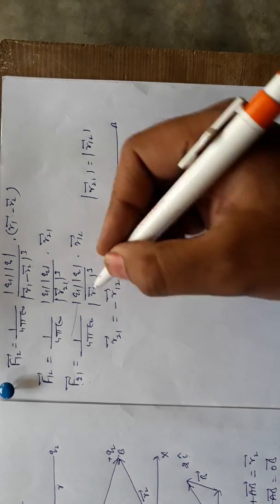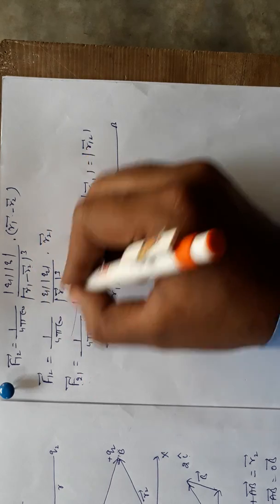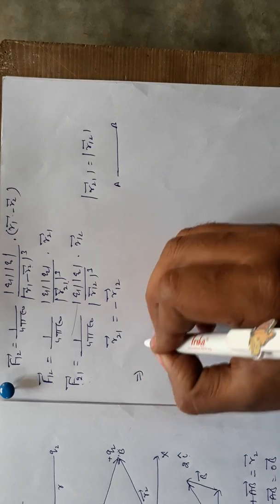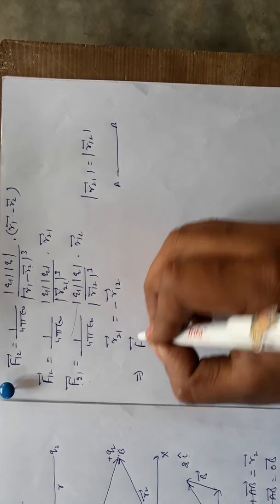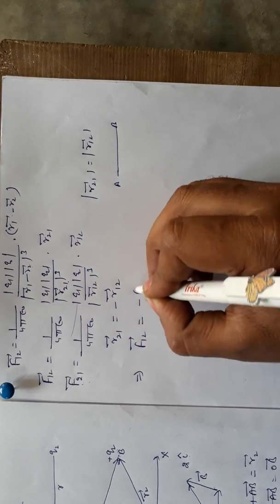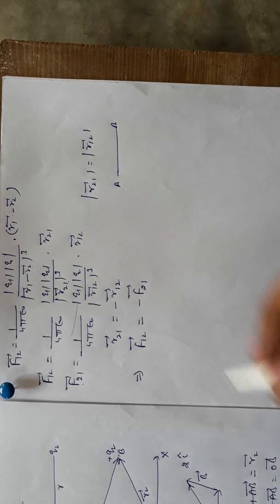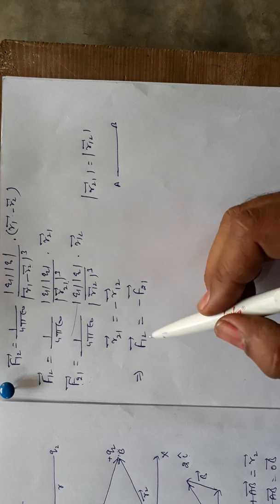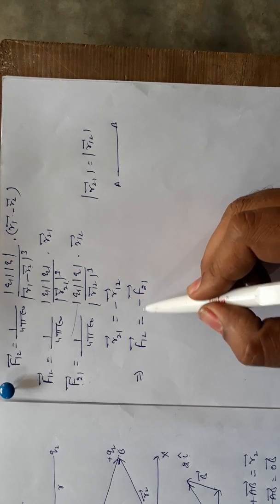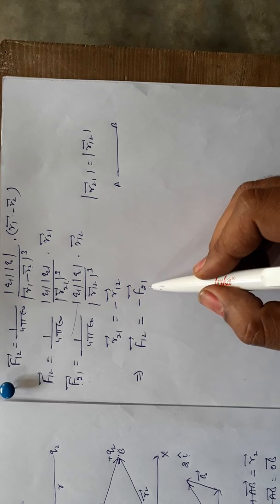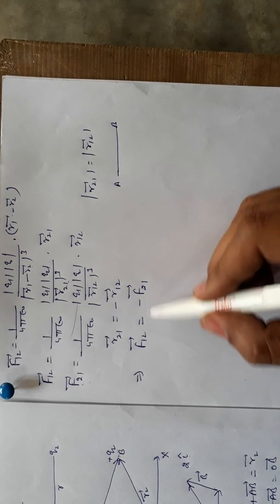So from this we can see that this magnitude part is same in both the forces, but direction part is different. That implies that force on charge q1 will be equal and opposite to the force on charge q2 due to charge q1. Hence the two charges q1 and q2 exert equal and opposite force on each other. Whatever be their magnitudes, the force exerted by the charges on each other are equal and opposite.